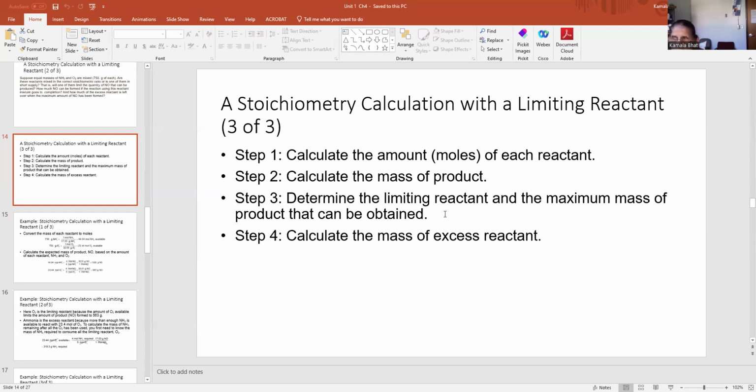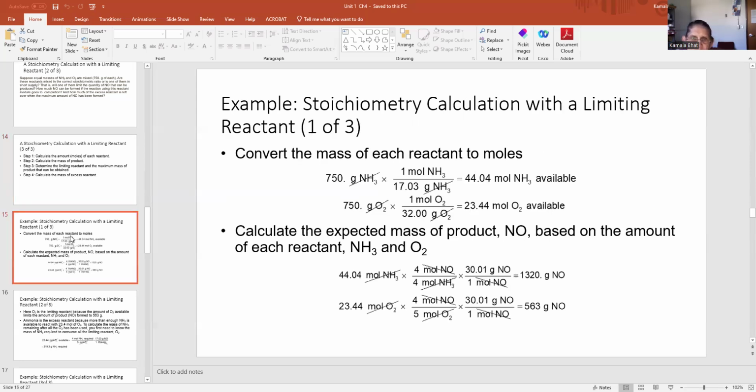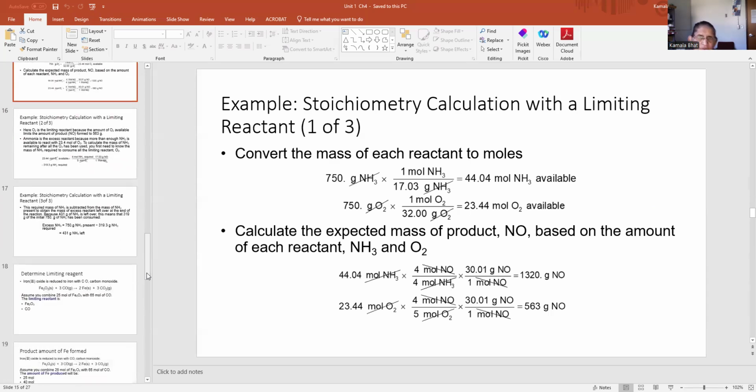Then select the reagent that gives the lower value of maximum product, and that will be your limiting reagent. After that, you can calculate how much of the excess reagent was left behind. And here, the steps involved and how they are done are shown to you.